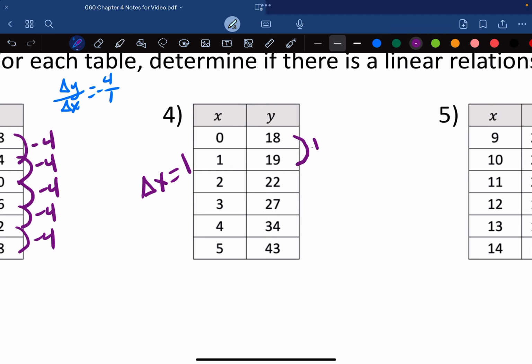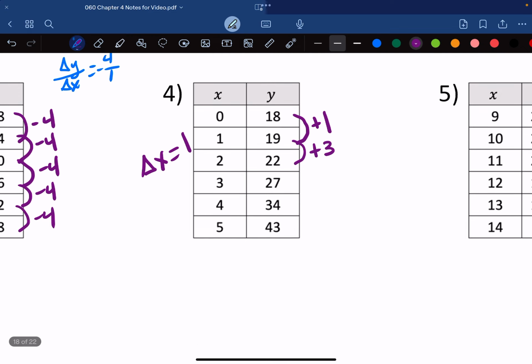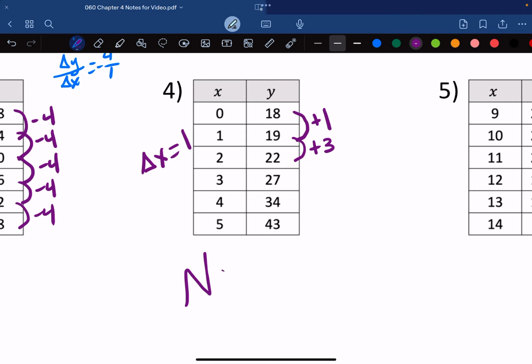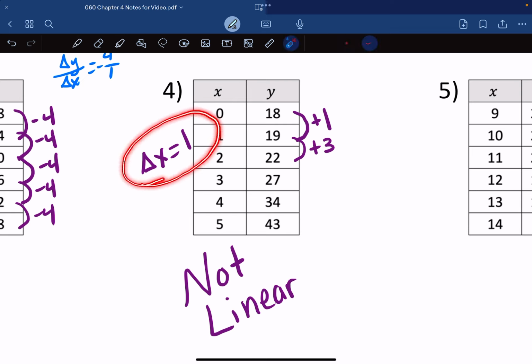So this is +1, and this is not +1, which means I don't even need to go any further because it's not linear. Once again, it's not linear because my change in x is consistent, but my change in y is not.